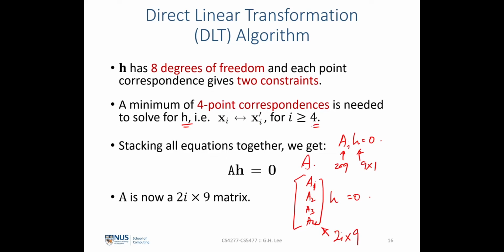This is a minimal requirement in order for us to solve for the 9 by 1 unknown in the null space equation here. We'll see that by stacking more than 4 point correspondences together, we'll be able to solve for the least squares solution that is robust to noise.